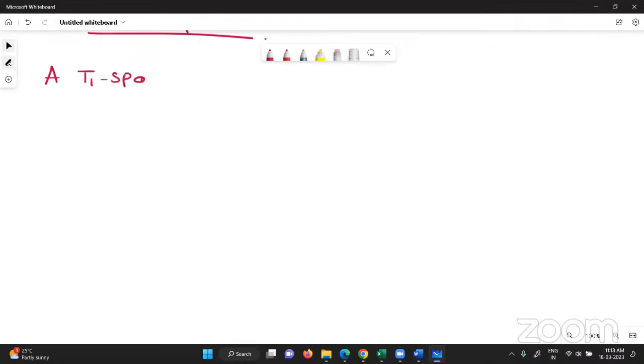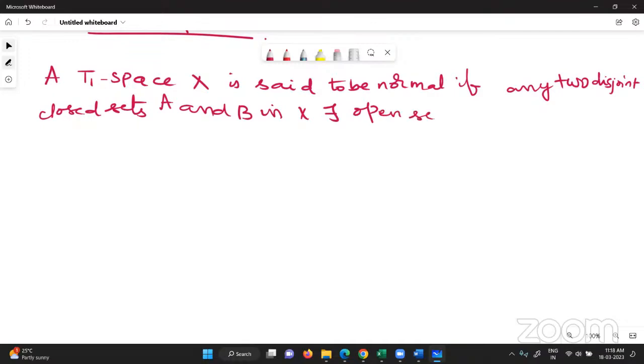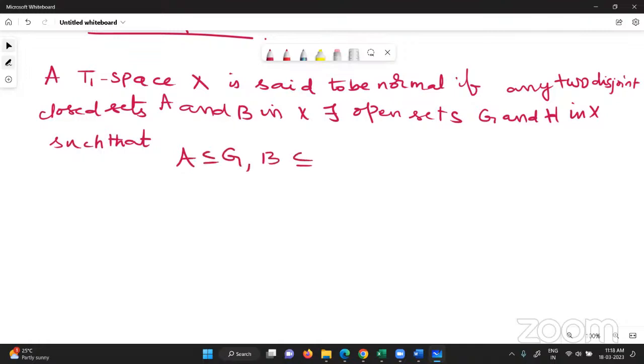A T1 space X is said to be normal if for any two disjoint closed sets A and B in X, there exist open sets G and H in X such that A is a subset of G, B is a subset of H, and G intersection H is empty.